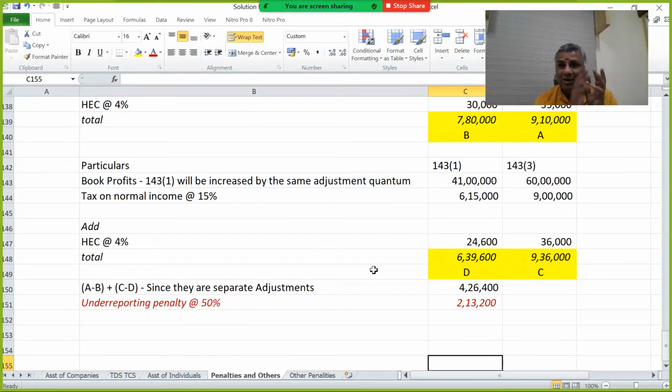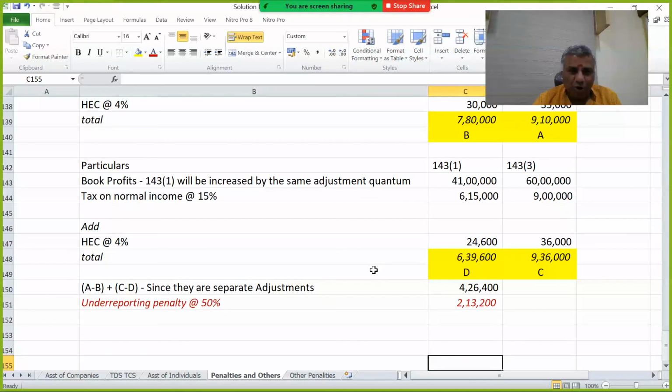Logically, I will get 25% tax if it is normal, whereas here I will only get 15% tax. Why should I lose the 10%? So don't pay the book profit penalty for that; pay the normal tax penalty for that. That is how this is done. Increase the quantum in D.